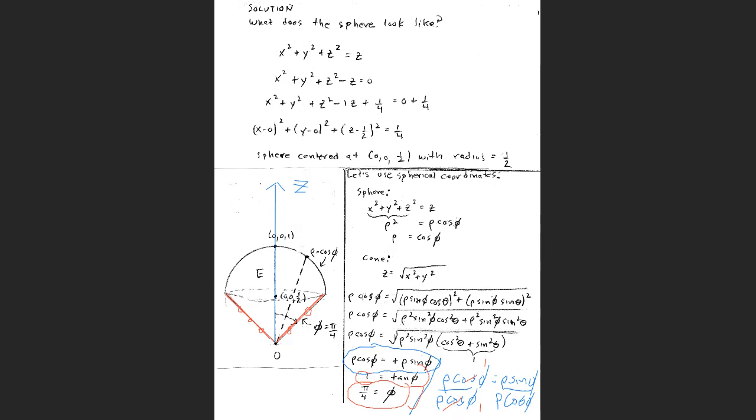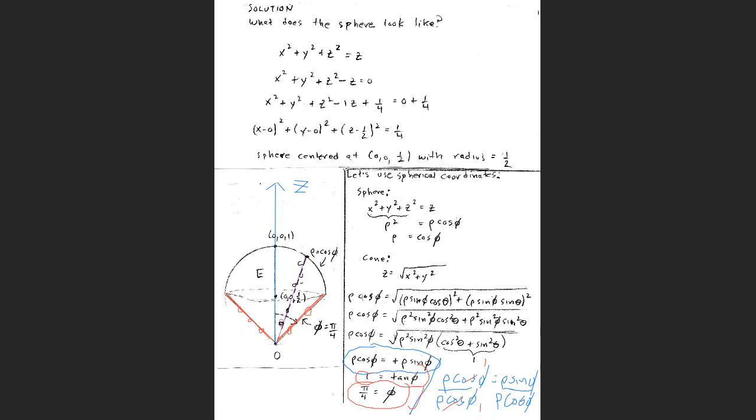Rho is measured from the origin to all the points inside the solid. So rho can take on different values. I'm just drawing an example.